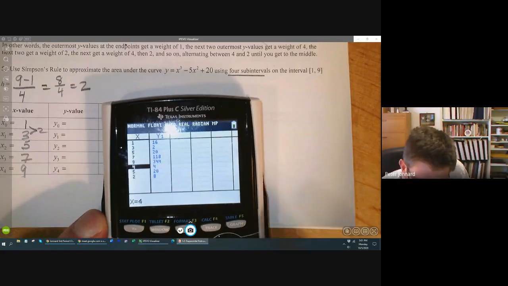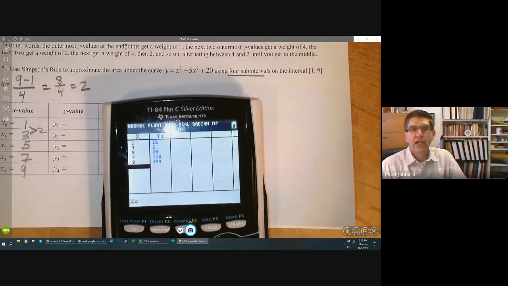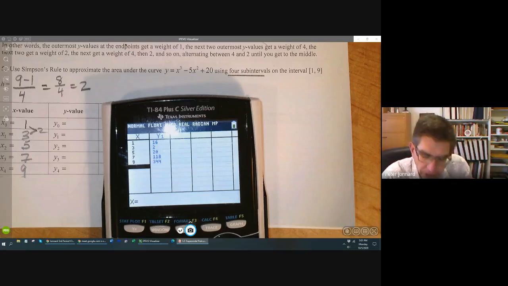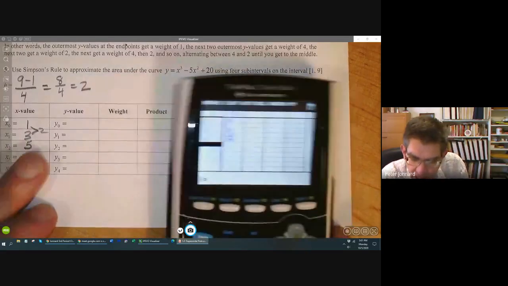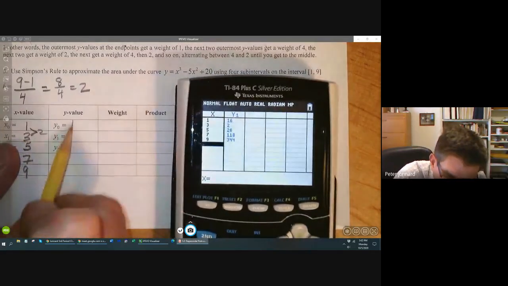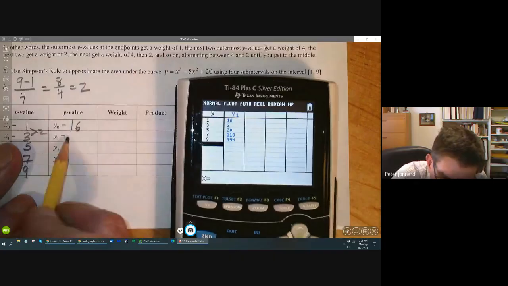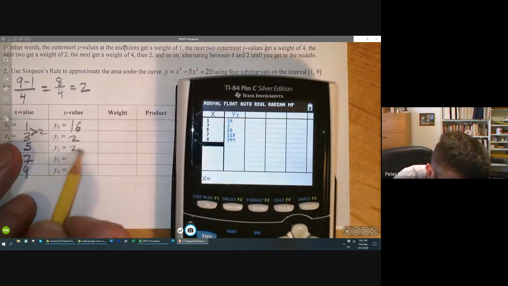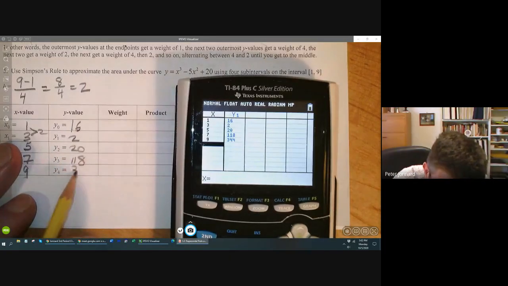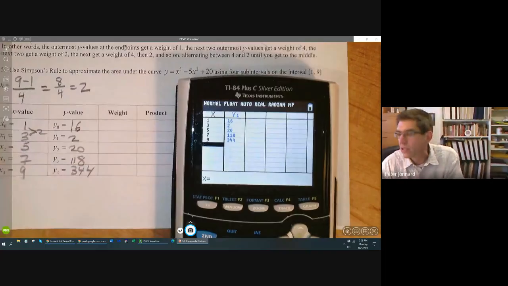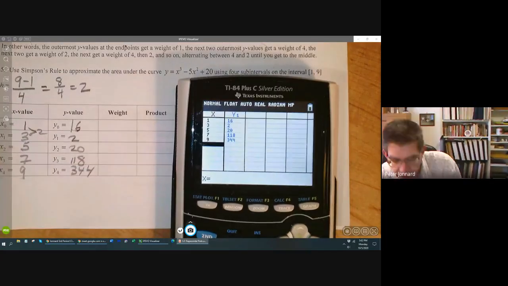And those of you who are sophisticated with this know that there's other ways to do this on your calculator. I like the ask feature just as my default, because we do so many things where you do have to put in particular values. So what it's telling us, the y values are 16, and then 8, and then 20, 118, and 344, like so. All right, let me just see that I have the same thing here.